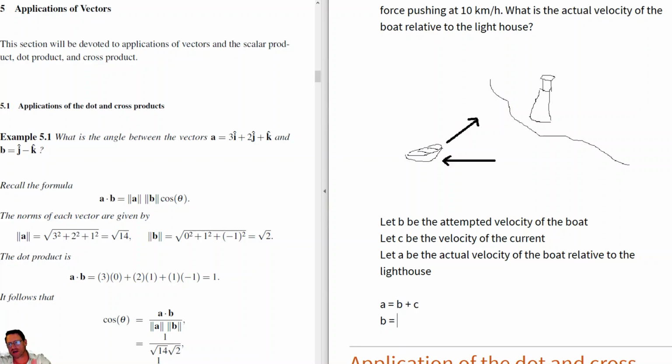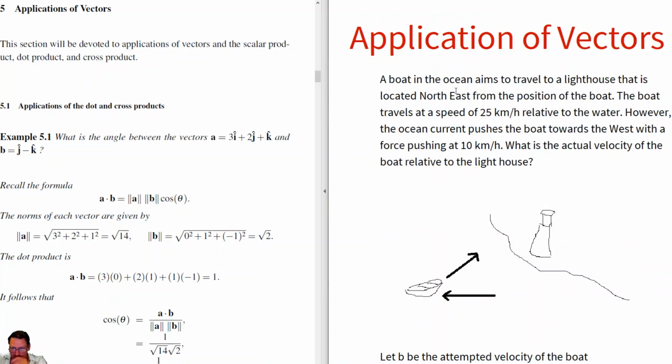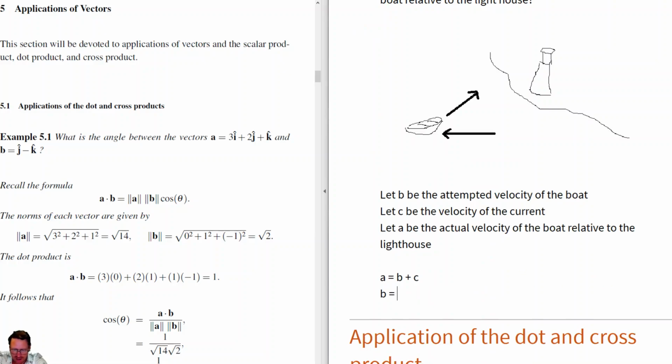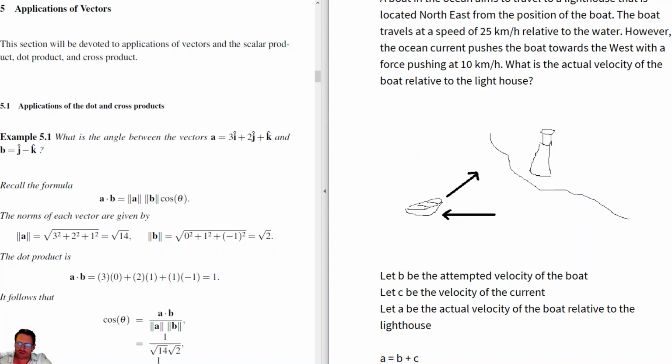Now, northeast, what the boat's trying to do, is 45 degrees from the horizontal, so 45 degrees east of north, or 45 degrees north of east. Here I can set it out as the vector with the magnitude times cos of 45.